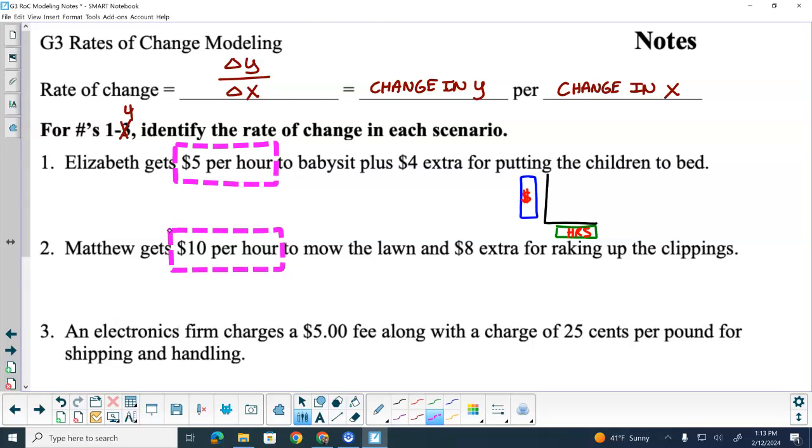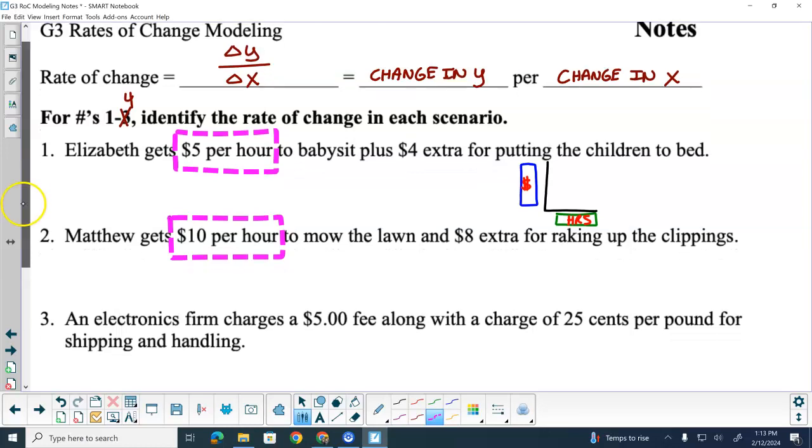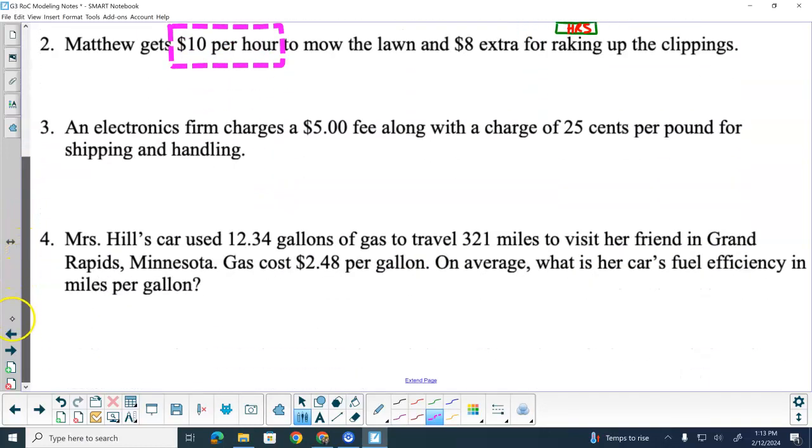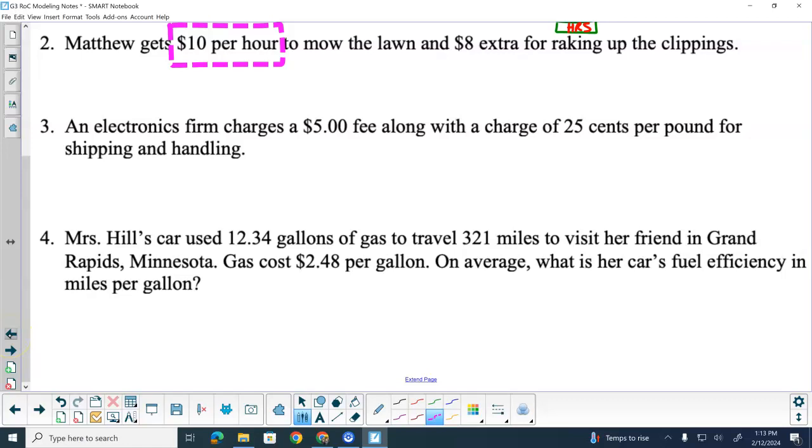That gets us our rate of change. Even if there's a bunch of extra numbers, there's only one rate of change in the story. Number three, an electronics firm charges a $5 fee along with a charge of 25 cents per pound for shipping and handling. What is the rate of change? 25 cents per pound. Looking for per. Take the number in front and the number behind.